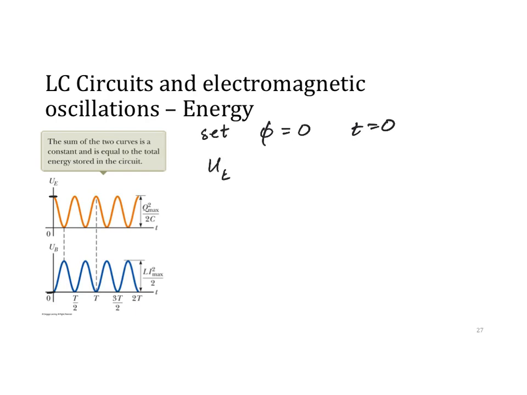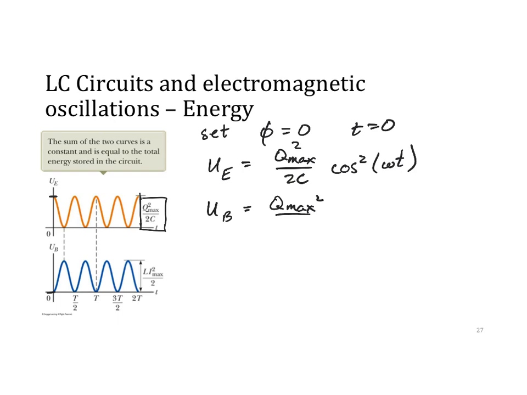That just means these equations look like Qmax squared over 2C, and this is cosine squared omega t, right? So at time equals 0, this cosine function just equals 1, and we're at our Qmax squared over 2C here in our electric field. And for our magnetic field, we've got Qmax squared over 2C. So again, that's the amplitude of our function. And we've got sine squared omega t, right?